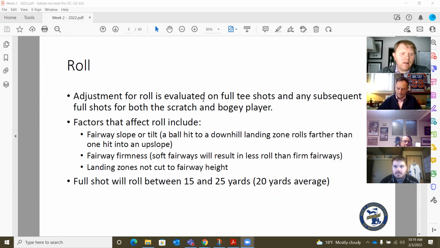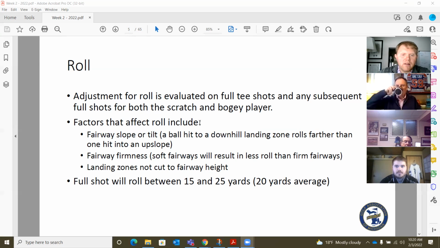So the fairway firmness and things like that would be something that the captain would be communicating with the golf course about, or you might have someone that accompanies us on the rate that plays the golf course a lot and can give us insight into, oh yeah, that fairway is significantly harder than all the others, or this spot is always wet because it sits in a floodplain, and you're never going to get your full 20 yards of roll in this scenario.